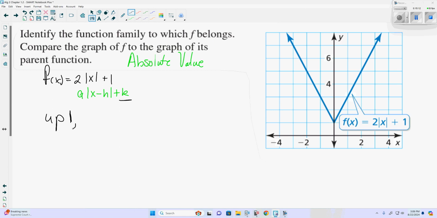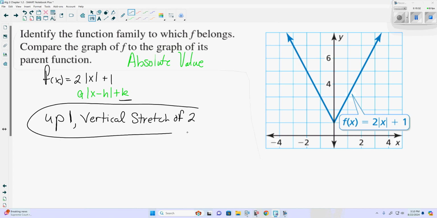Now we do not have a value for h, so there is no movement left or right. But we do have a value for a, and the value for a is 2. Since the value of a is greater than 1, it tells us it is a vertical stretch of 2. And those are the only 2 transformations being applied to this here.